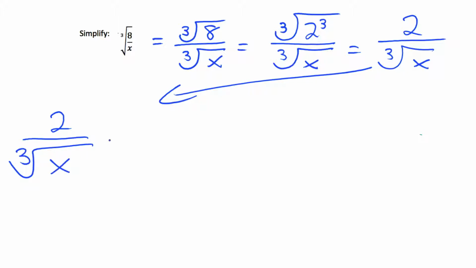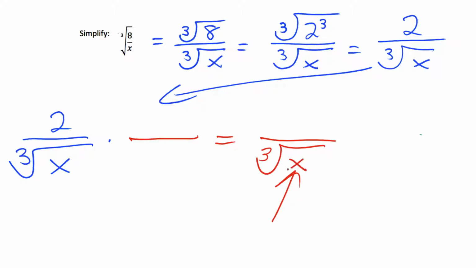Now the question is, what do I need to multiply numerator and denominator by in order for my denominator to be radical free? Basically, I'm going to need this to be the cube root of x cubed, because then that would become x with no radical. So what would I need to multiply numerator and denominator by, given that this is x to the 1?